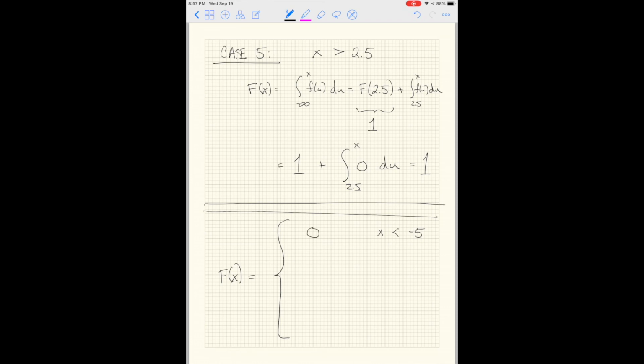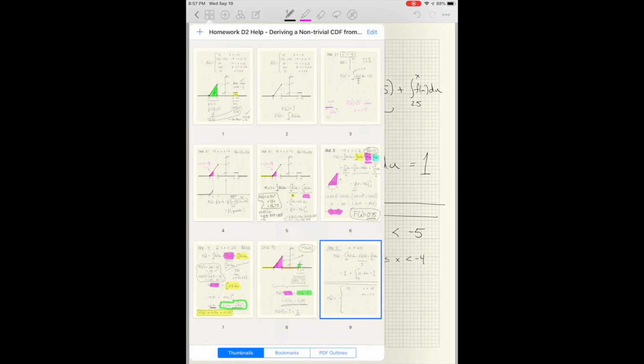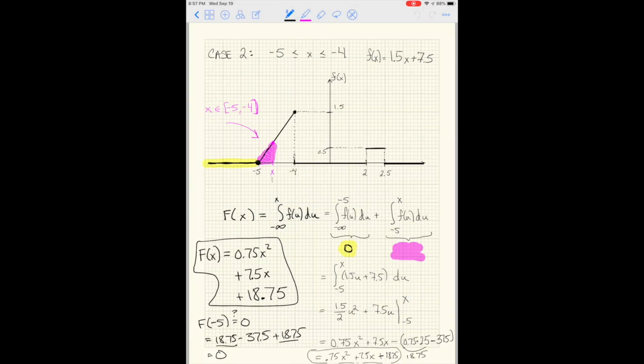We had the case where x was from -5 to -4. And so if I go back to that case, which I wrote up as case 2 here, then I get this 0.75 expression.